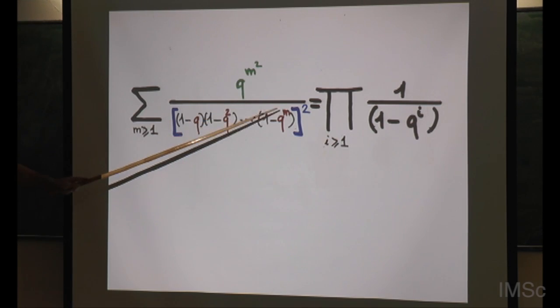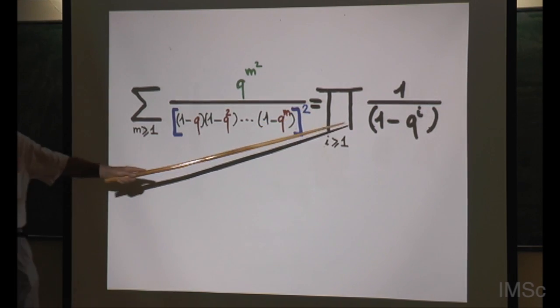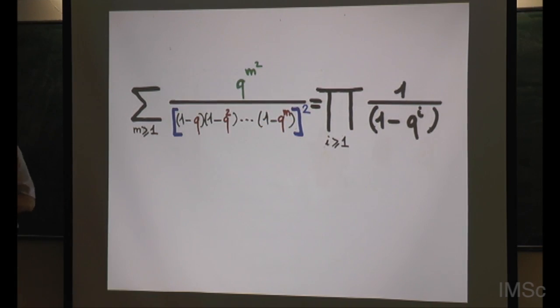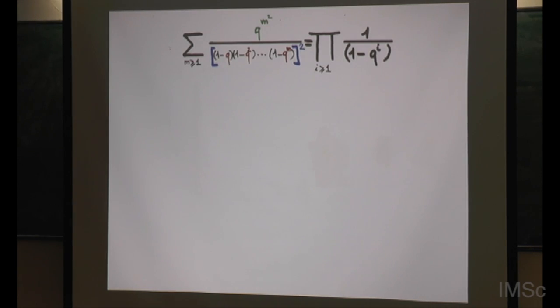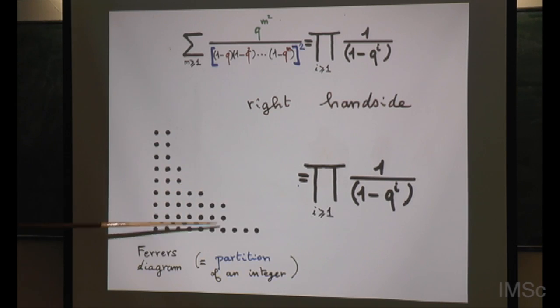If I was not putting the square, this would be the Ramanujan identity. If you put a square, then it again gives you a classical generating function. So let's prove this in a visual way, using what we know from this class. The right-hand side, we now know from the class, is a generating function for Ferrers diagrams, for partitions of an integer.